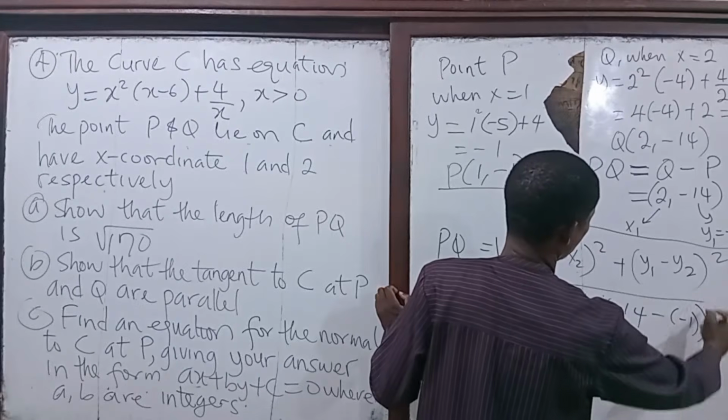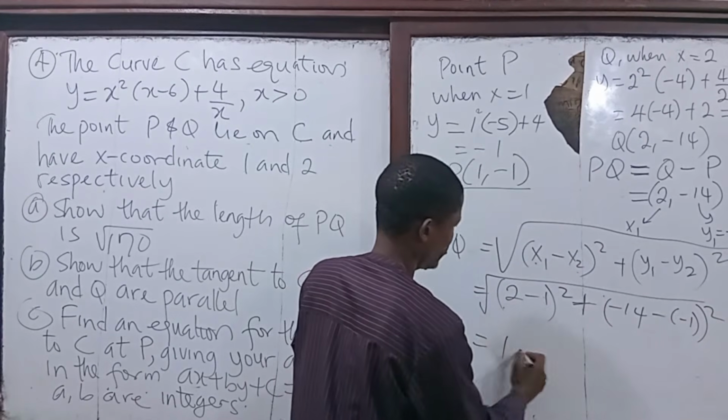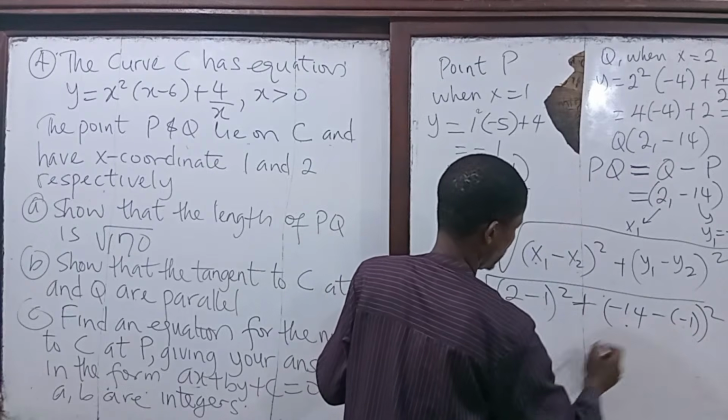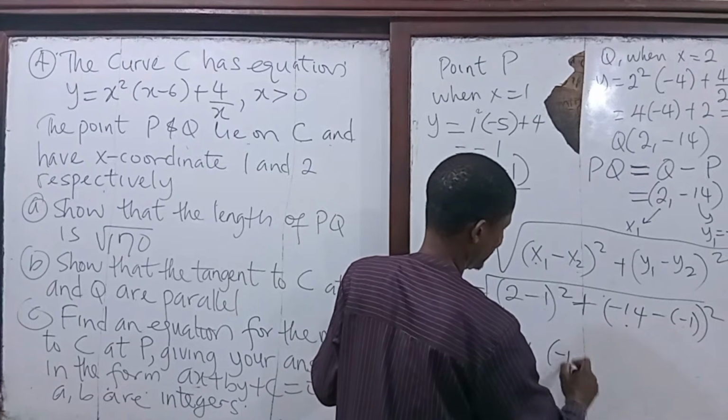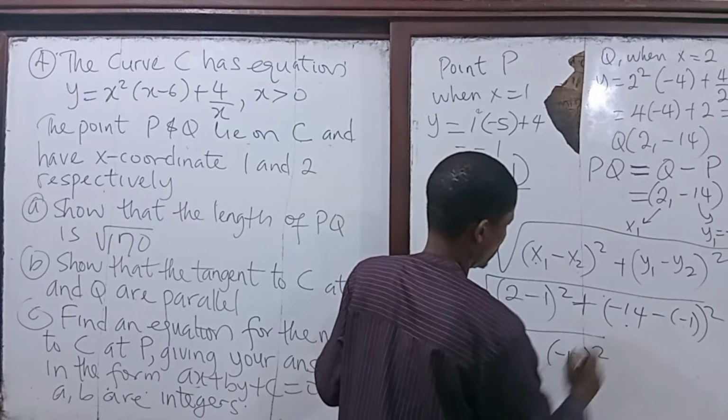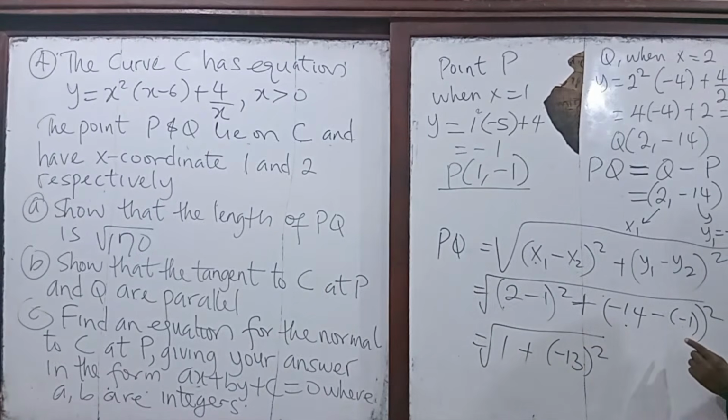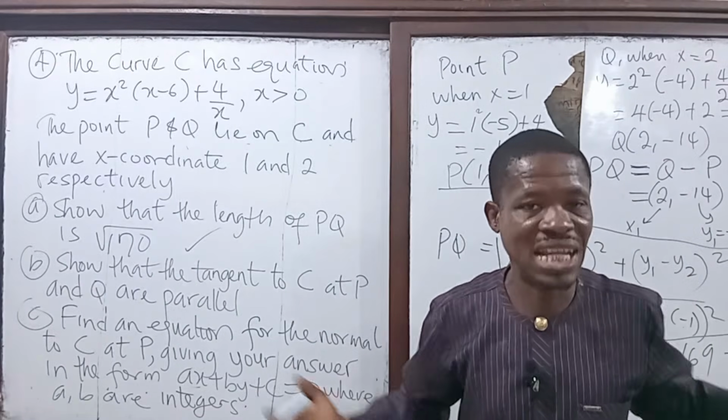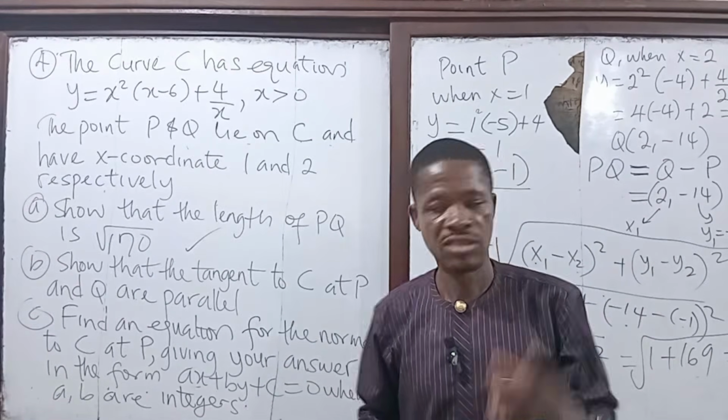So we're going to have 1 plus minus 13 squared, because minus 14 plus 1 is minus 13. That will give you 1 plus 169, and that's root 170. So that one is done. Let's show that the tangents are parallel to each other.